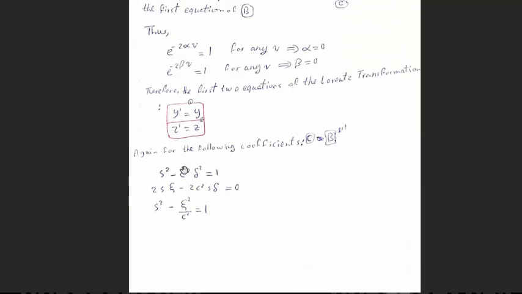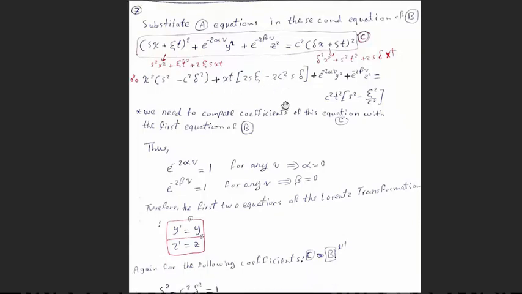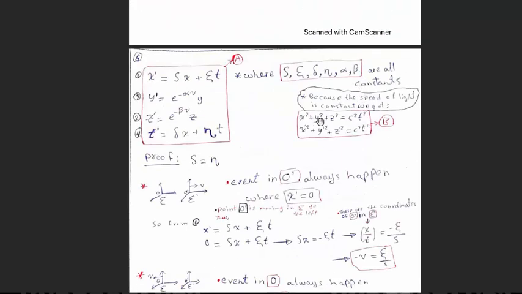Okay, again for these coefficients, this one must equal 0, because we don't have the xt term; it does not exist in the first equation of b. So there is no xt here, and same here.